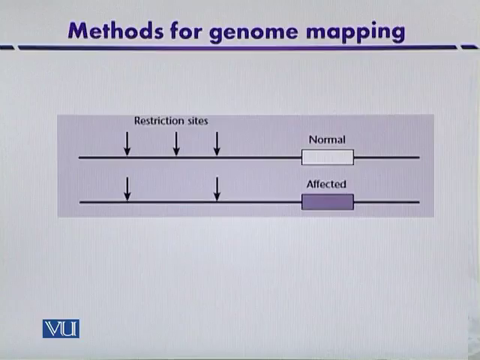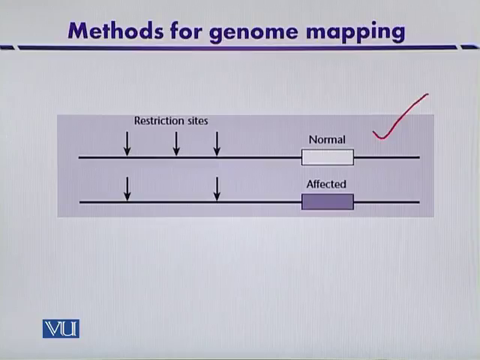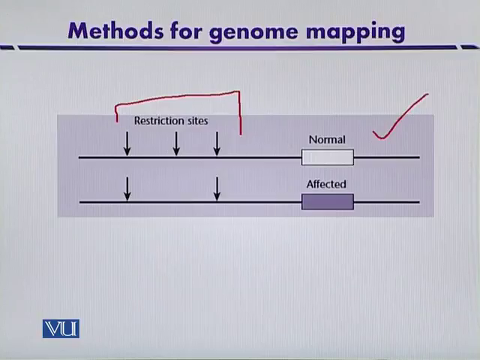So here, for example, we have two genes or segments of the DNA. The first one is normal, and it is indicated by the presence of 3 restriction sites here, and somehow the genotype is affected due to certain mutations, base substitutions, addition of DNA or deletion of DNA, so that one site is lost here.